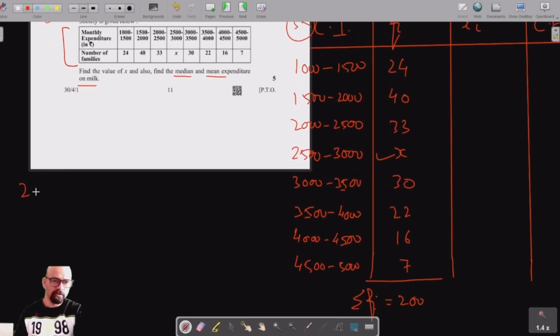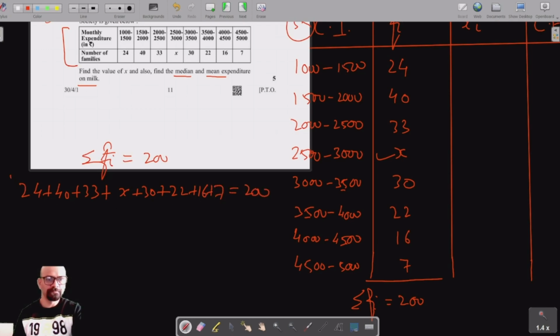This is sigma fi is 200, and sigma fi is 24 plus 40 plus 33 plus x plus 30 plus 22 plus 16 plus 7, which gives us 200. Now 24 plus 40 plus 33 is 97 plus x.